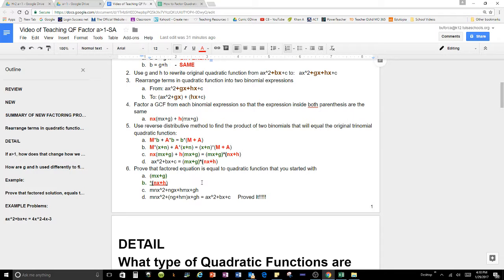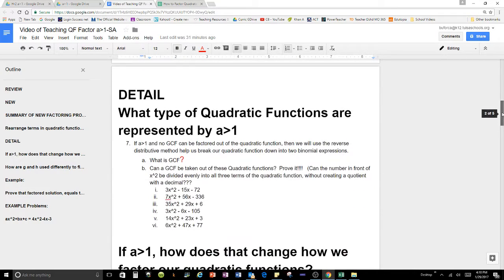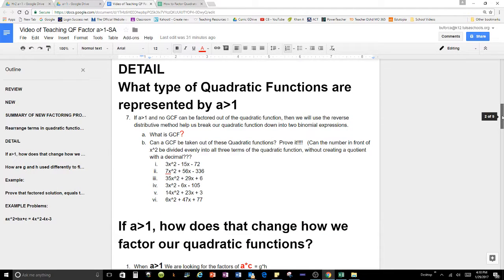What we had up here was just a general discussion. Let's come down and see what that looks like with numbers. Okay, so let's first look at what a quadratic function is when a is greater than 1, and we cannot factor out a GCF.